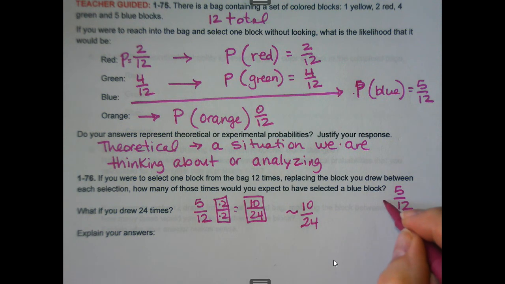And I'm going to go back up and change this to about 5/12. The more that we have in our sample space, the more outcomes, the more opportunities we have had to run an experiment, the closer the actual data is going to get to our theoretical probability.